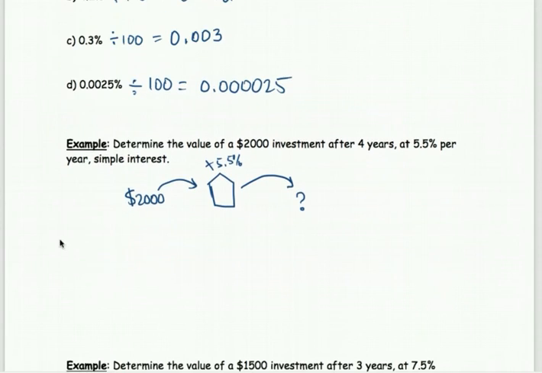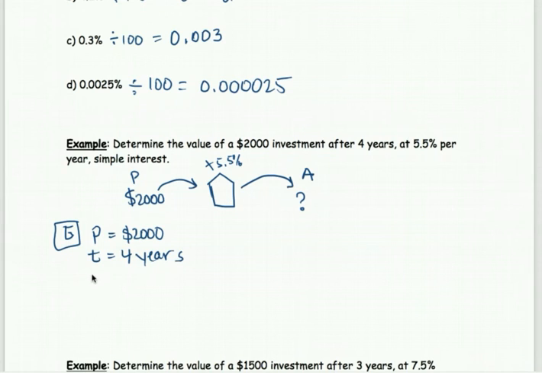What you can do here is write out all the things that are given to you. I like to write G for given. You have $2,000 to start with, so the principal is $2,000. The time is 4 years that we're going to leave it in the bank.